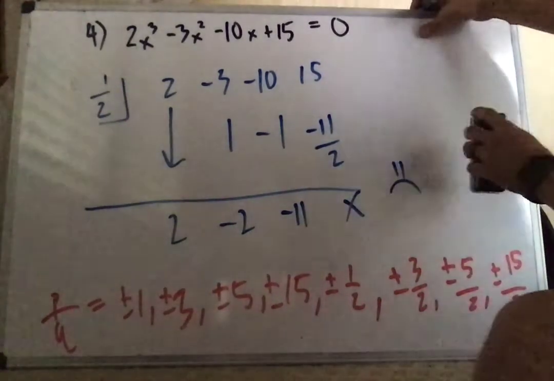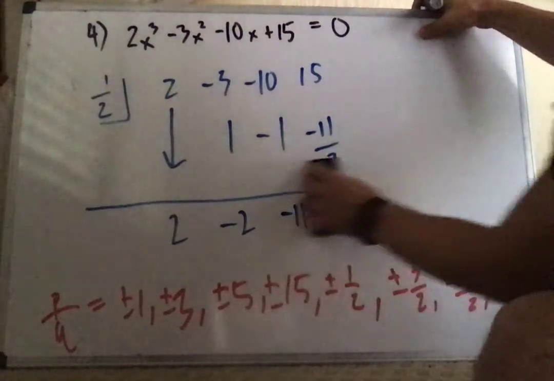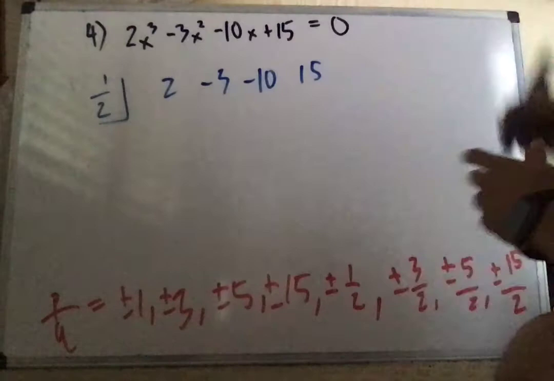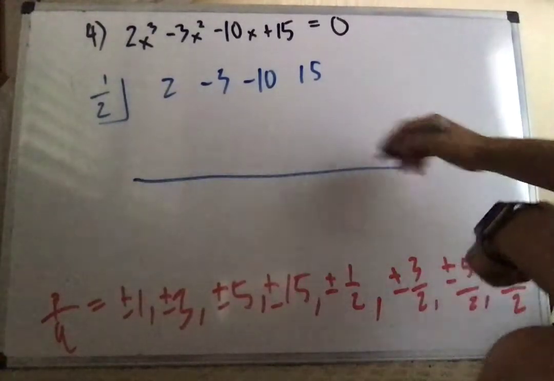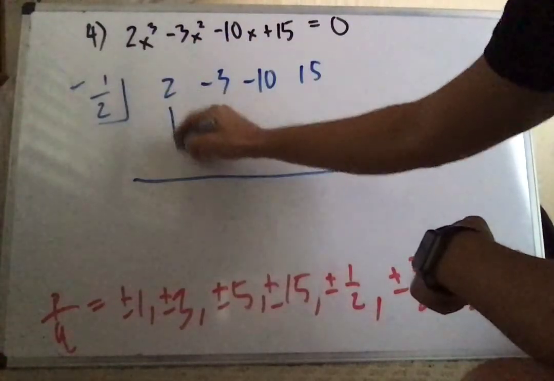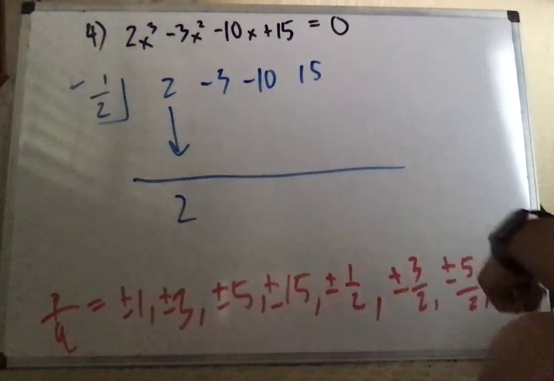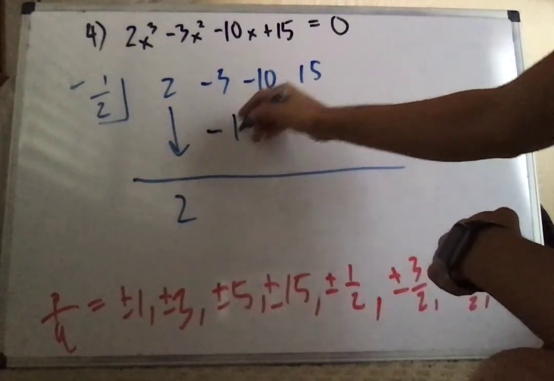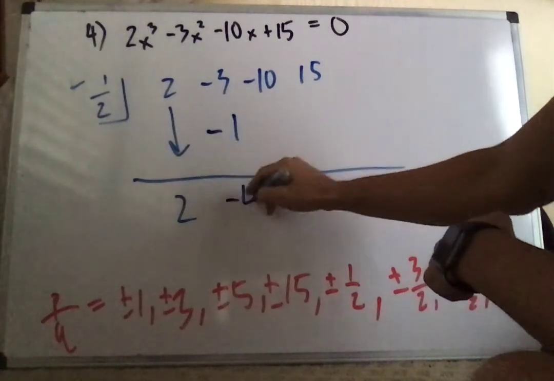All right, let's move on to the negative 1/2. But actually, we're getting closer. So if this half doesn't work, I'm going to try 3/2 next. So bring the 2 down again. 2 times negative 1/2 is negative 1. Negative 3 plus negative 1 is negative 4.